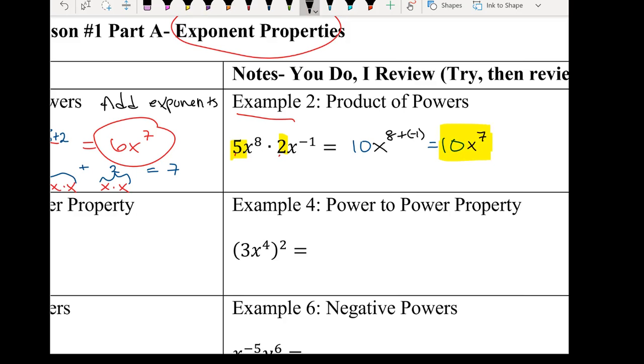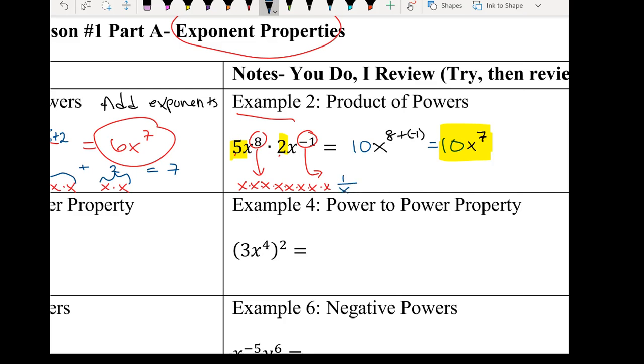I want to point out here while we're here that this negative 1, we can interpret that. So if a positive exponent is how many times we multiplied, so here we multiplied 8 x's together. So x times x times x times x times x times x times x times x. 1, 2, 3, 4, 5, 6, 7, 8. So that's that first term written out. The negative exponent means we divided out one x, or it's the same as 1 over x.